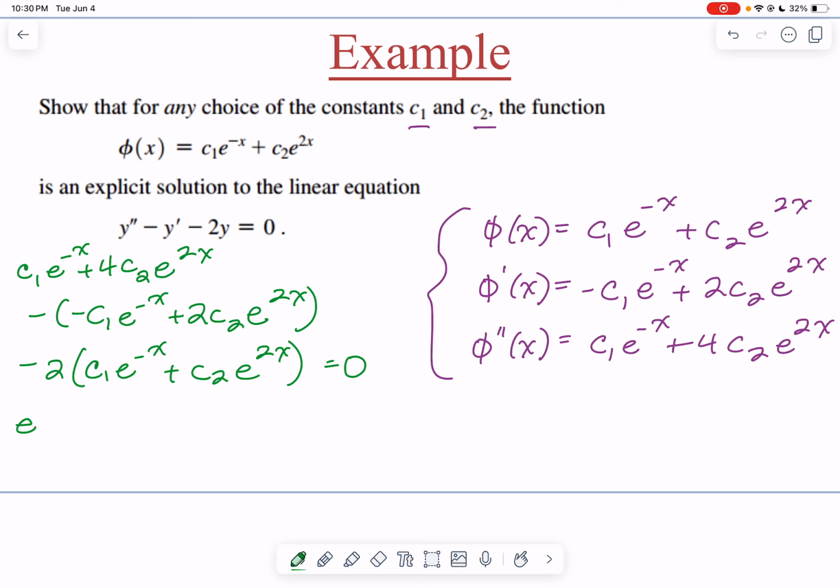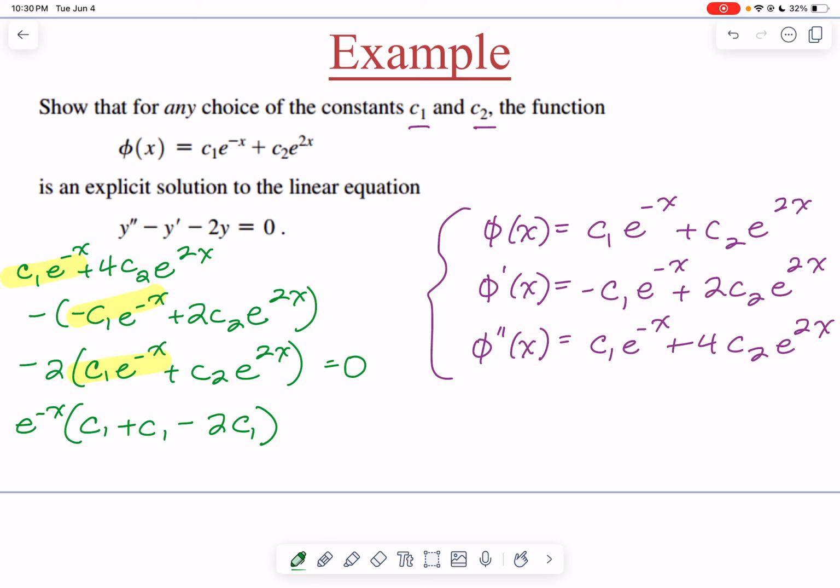So if we factor out an e to the negative x, we're going to grab these terms. So it would be this term and this term with their coefficients. So we have c1 plus another c1, and then minus 2c1. So we've grabbed those.